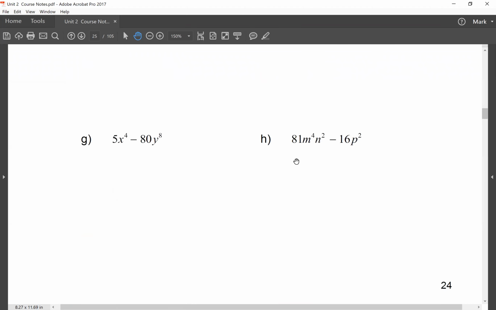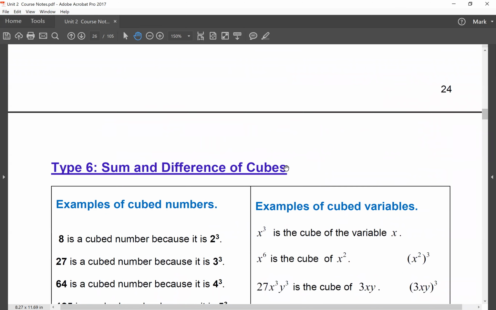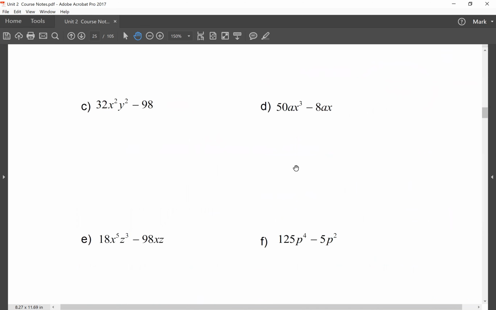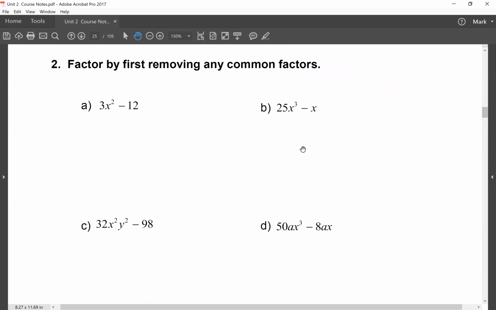Okay. Oh, there is another question here before I get into the last part. Let's just do maybe A and B, and then I'll move into the last part of factoring. So the only difference with number 2 here is that there's an extra step. When I look at A or B, it's not clear to me that this is a difference of squares.